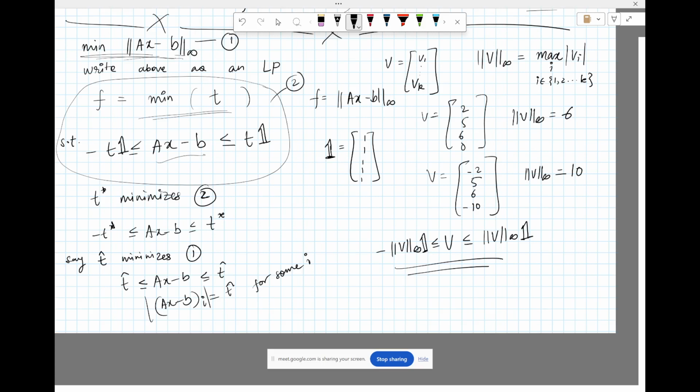So if the ith value of ax minus b is less than t star, then I could have still minimized t star, right?